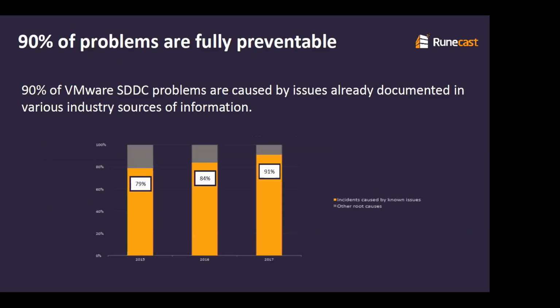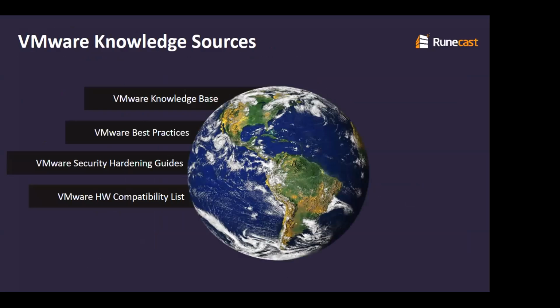Now, where in the VMware database would you find the answers? VMware knowledge base, like I said, there are more than 30,000 articles. I'm sure most of you have seen the best practices. So the answer could be there that you have not followed some particular best practice. You have the VMware security guide, again, which is a Bible of information. Maybe the problem is there. Or last but not the least, the VMware hardware compatibility list.